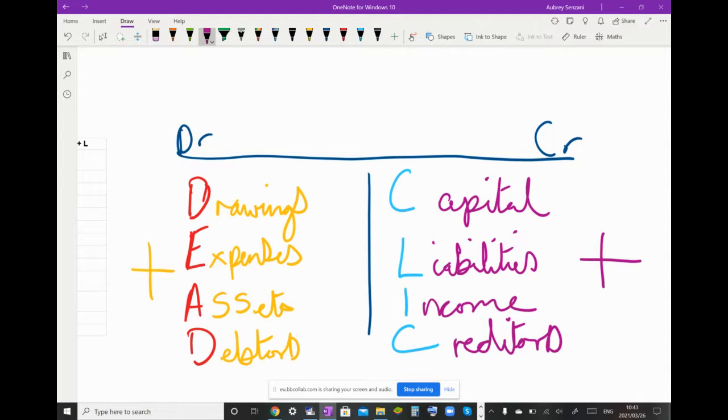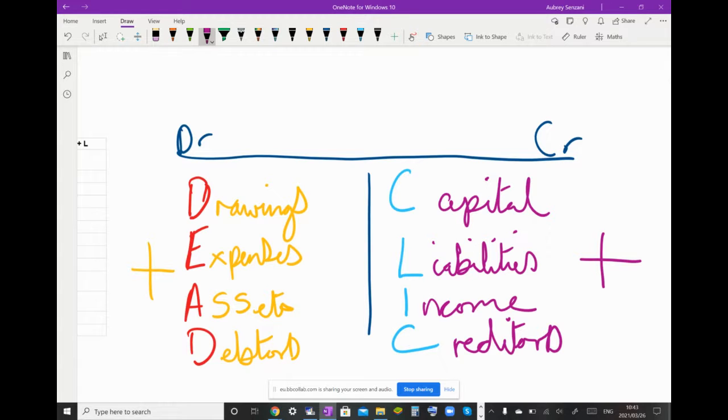Same principle with expenses. Same principle with assets. Whenever we buy an asset, we debit that specific asset. If we sell the asset, or if we return it, we credit that particular asset. And same principle with debtors. Whenever somebody buys something from us on credit, we debit debtors. Whenever they return something or decide to pay that account, we credit debtors.